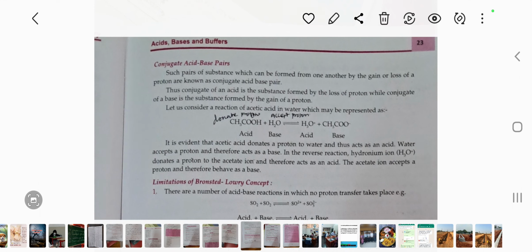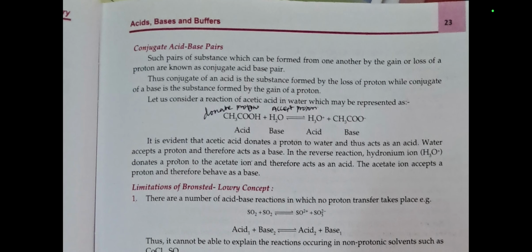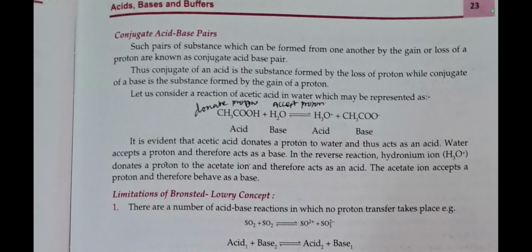Next we'll see conjugate acid base. It is nothing but such a pair of substances which can be formed from one another by the gain or loss of a proton, known as a conjugate acid base pair.